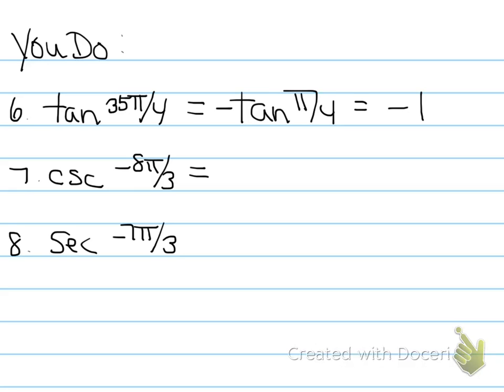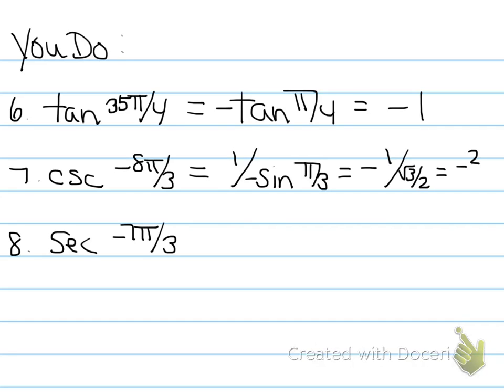Cosecant of negative 8 pi over 3. Well, figure out what quadrant that puts us in, and we know that cosecant is 1 over sine. So this is the same thing as 1 over the negative sine of pi over 3. Or we could just say negative 1 over root 3 over 2.